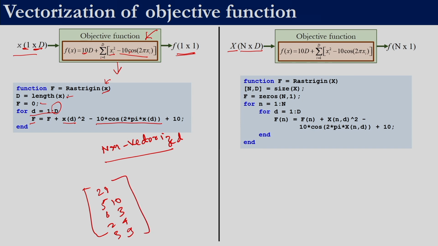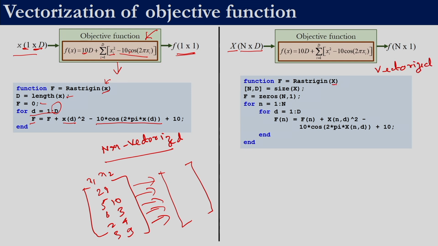In this case we have 5 solutions, this is decision variable 1, this is decision variable 2. If the objective function is such that it can return a vector which has the fitness function corresponding to each of these 5 solutions, then we call this vectorized.